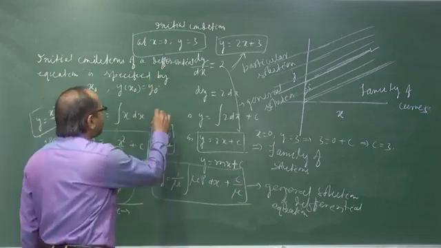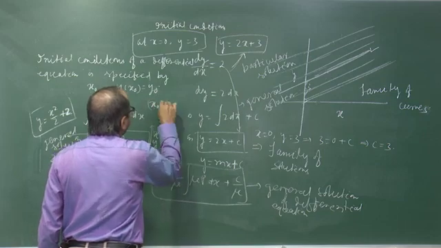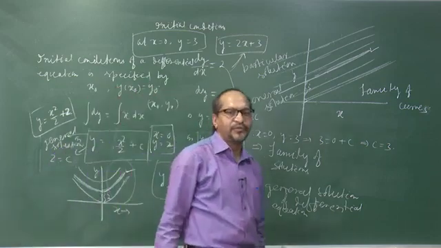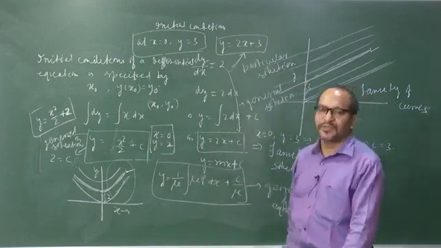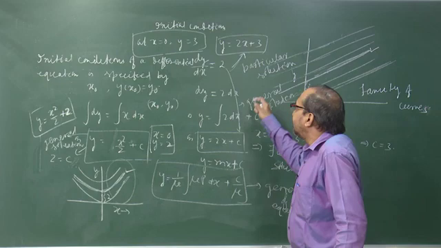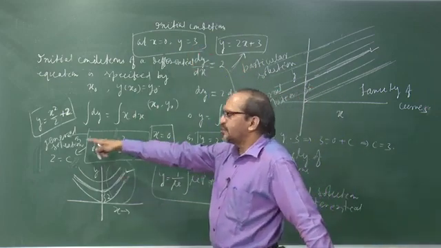That means geometrically the curve will pass through this point x0, y0. In these two examples I have put x0 is equal to 0, so in this case y0 is equal to 3 and in this case y0 is equal to 2.